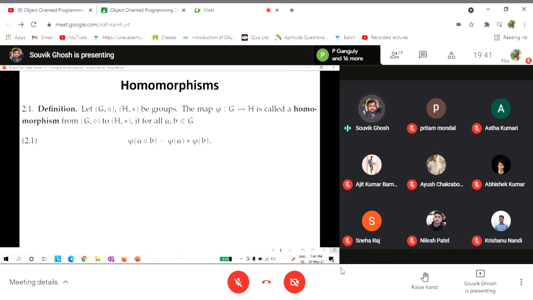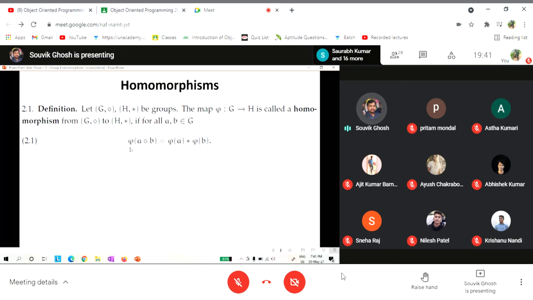We have two elements A and B from the set G, and we have one operation, composition, for the set G, and we say that this is a group. So A composition B lies in G. That means A composition B is also in G.